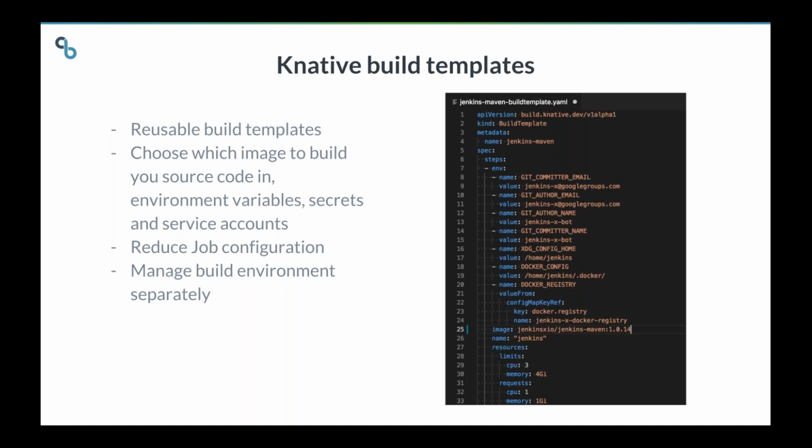You can see on line 25 there, it's running the jenkins-x Maven image. So this is an ephemeral Jenkins that gets started and runs for the duration of this build. We've also got some other environment variables that we're passing in, and some resource limits. This is a typical Kubernetes pod specification, so for anybody that's used Kubernetes, this is very familiar. But it's okay that we don't have to remember all of this. We're going to generate all of this in Jenkins X.